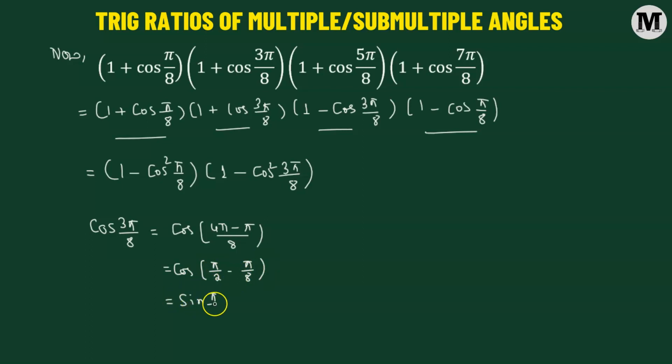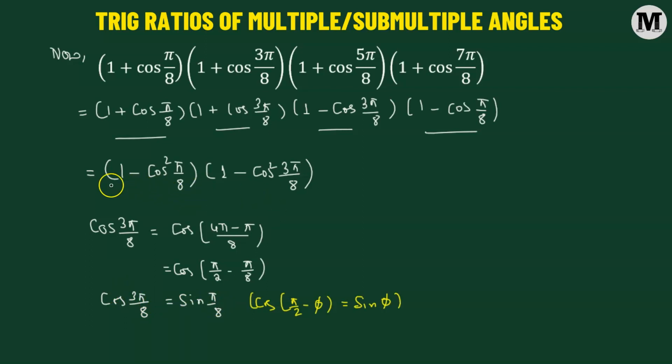We have sine pi over 8. Here we have used the fact that cosine of pi over 2 minus some angle phi becomes equivalent to sine of the angle phi. This is what we have used here. In other words, cosine 3 pi over 8 is exactly the same as sine pi over 8, and squaring both sides we get cosine squared 3 pi over 8 equals sine squared pi over 8.